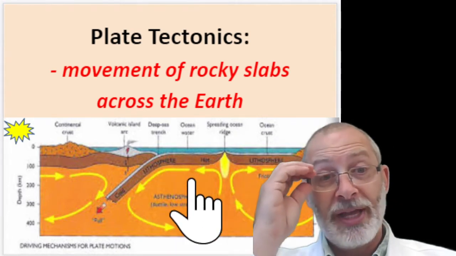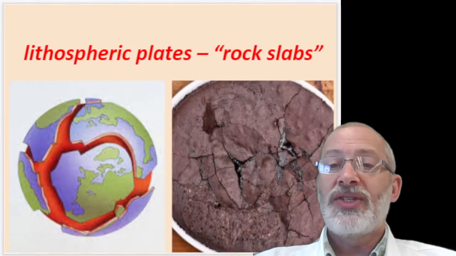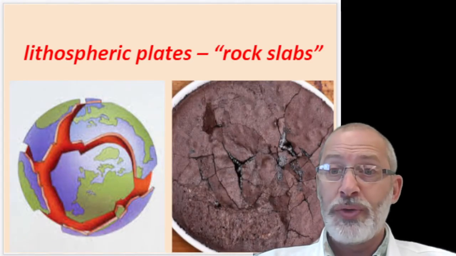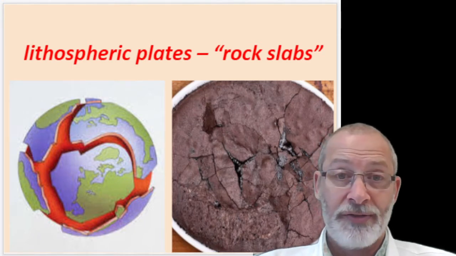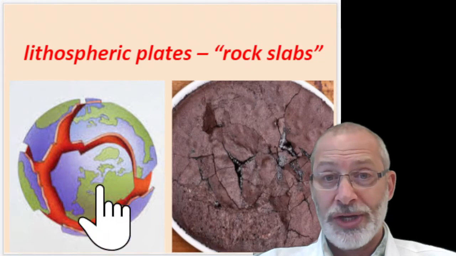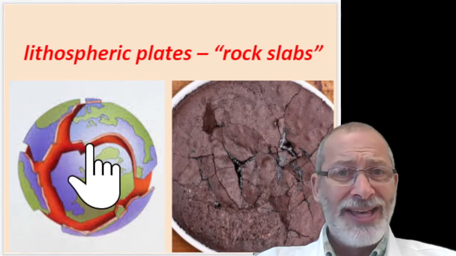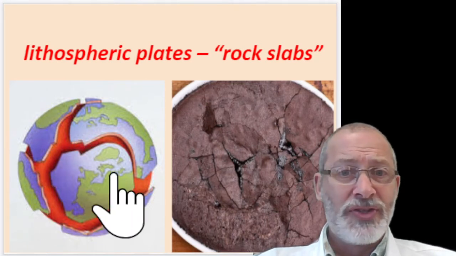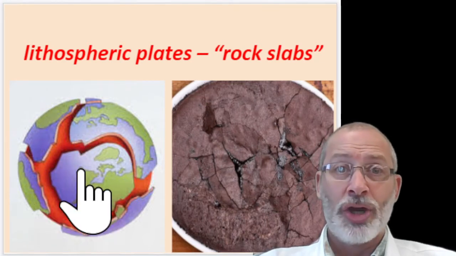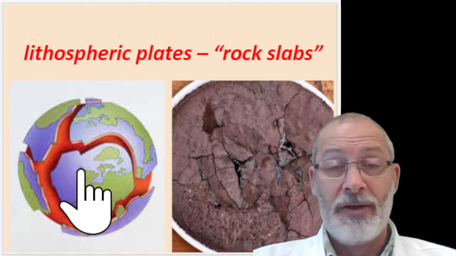But in terms of plate tectonics, it is the actual rocky slabs called the lithospheric plates that are moving from one place to another. In fact, if you look at these pictures here, think about the Earth as a hard-boiled egg. And I'm sure you've all seen hard-boiled eggs, and you can crack the shell and remove slabs of the shell.